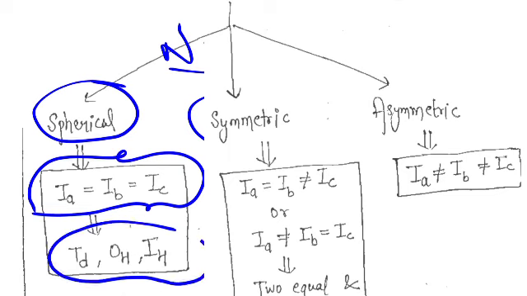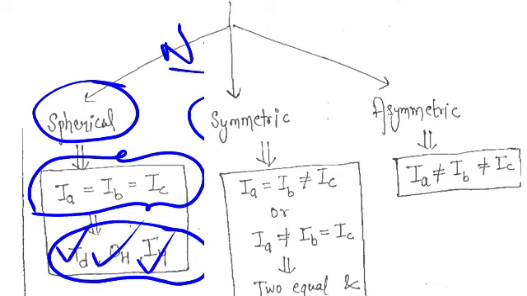The geometry of those molecules can be tetrahedral, octahedral, or icosahedral. If a molecule is spherical and has equal moments of inertia in the three directions, then definitely it has one of these geometries. All three geometries are possible.